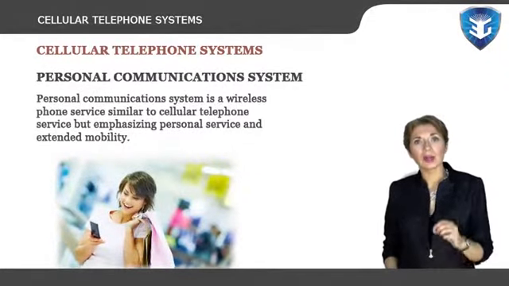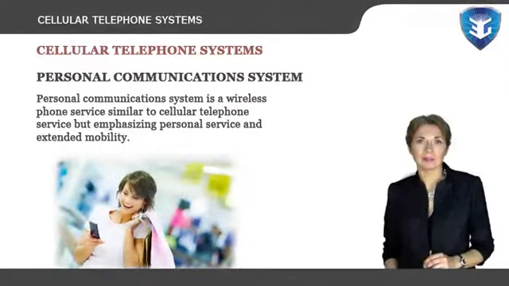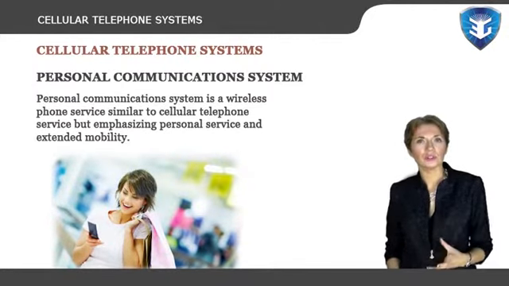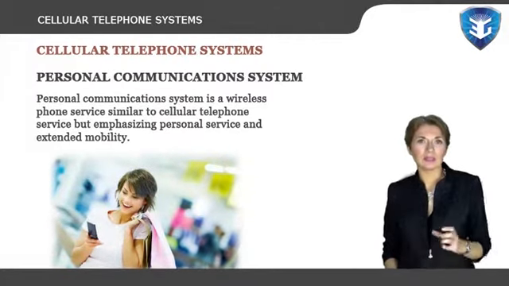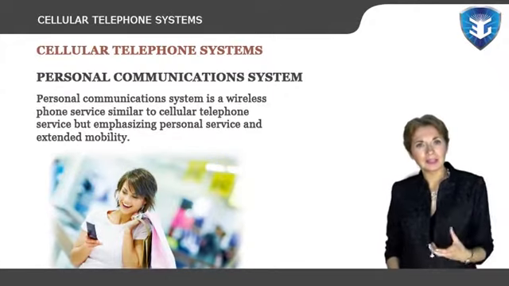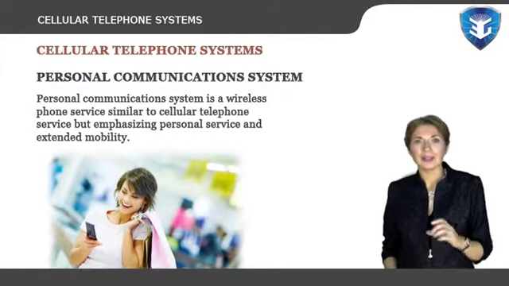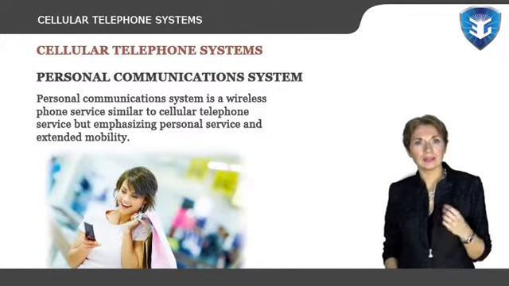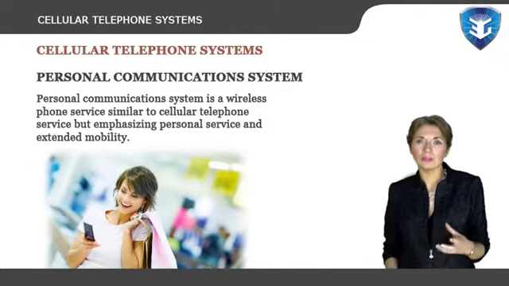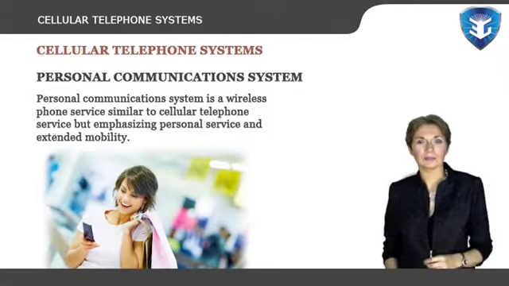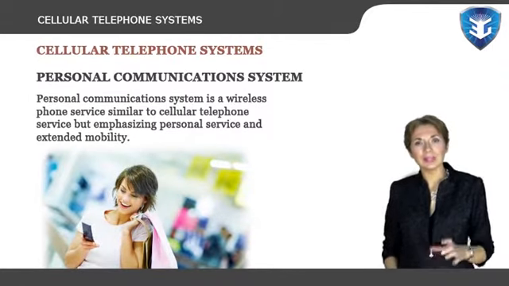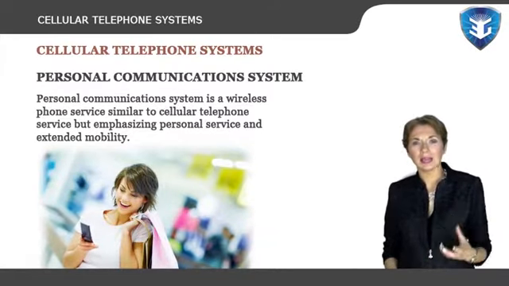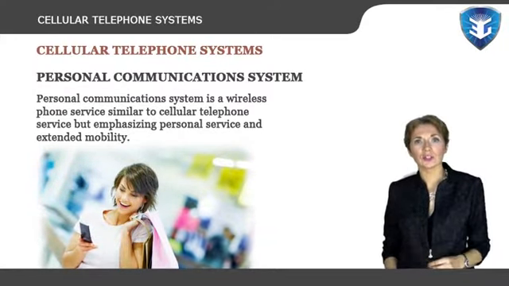Let's now learn about Personal Communication System. Personal Communication System is a wireless phone service similar to cellular telephone service, but emphasizing personal service and extended mobility. It's sometimes referred to as digital cellular, although cellular systems can also be digital. Like cellular, PCS is for mobile users and requires a number of antennas to blanket an area of coverage.